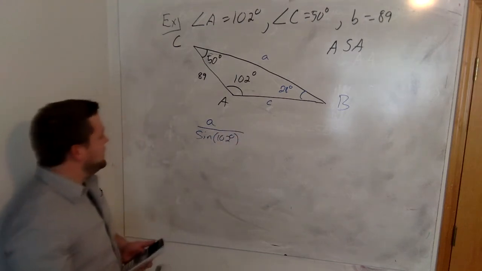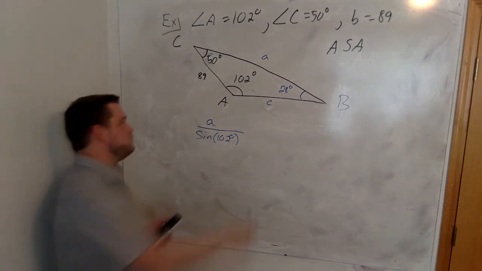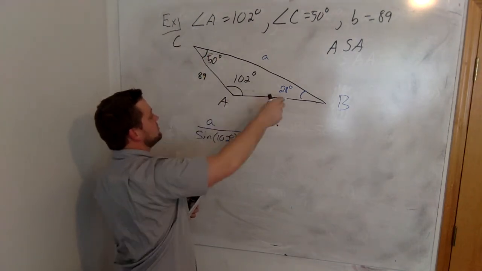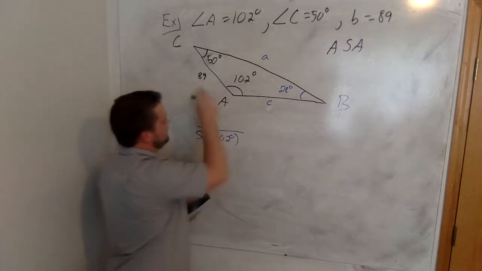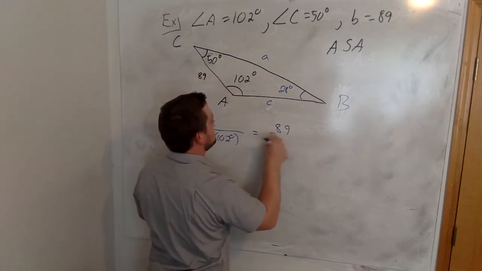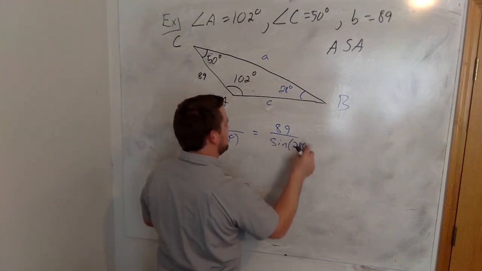I would need to know a side length and the angle. So I don't want to use C divided by the sine of 50 degrees because I don't know what C is. But I do know what B is. So I'm going to set it up with 89 all over the sine of 28 degrees.